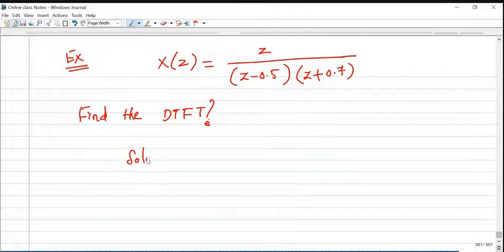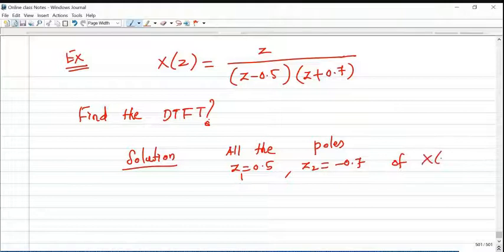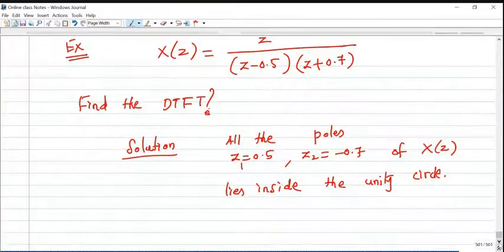Solution for this: z equals 0.5 and minus 0.7, right? These are the poles. All the poles of X(z) lie inside the unit circle. Now we can calculate the DTFT.